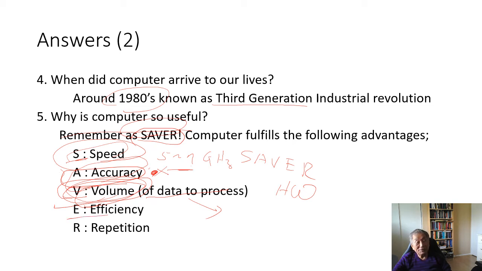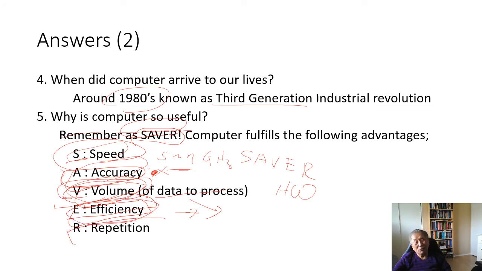Then efficiency. We can make our program or our operation very, very efficient. The same job you can do very slowly, or you can do very quickly. So that's efficiency.